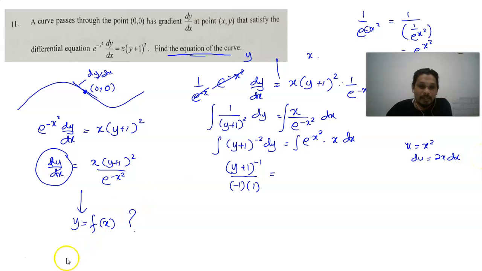Now what we have here is x dx, and we cannot simply substitute this with 2x dx, because it's not equal to this one, unless you substitute this into the equation and then multiply with 1 over 2. So for this case I prefer to change this into du over 2 for x dx.